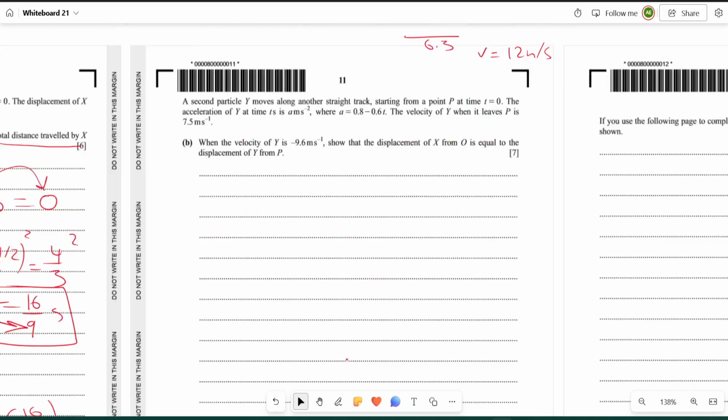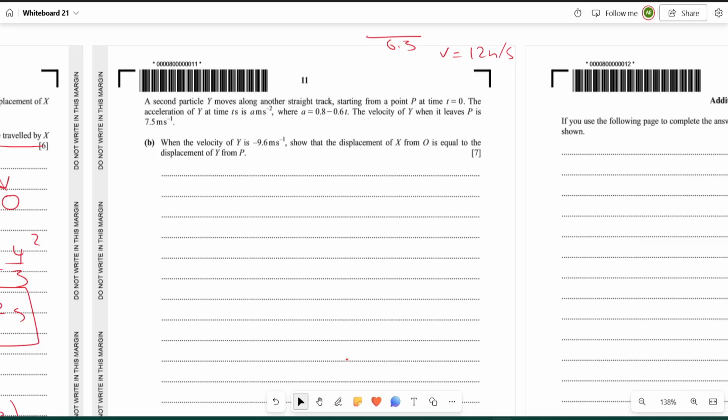Okay. Part B says a second particle y moves along another straight track. It has nothing to do with the same track as x, starting from a point P at time t equals 0. So now our starting point for y is just point P. The acceleration of y at time t is given as a equals negative 0.6 t plus 0.8. The velocity of y when it leaves P is this.